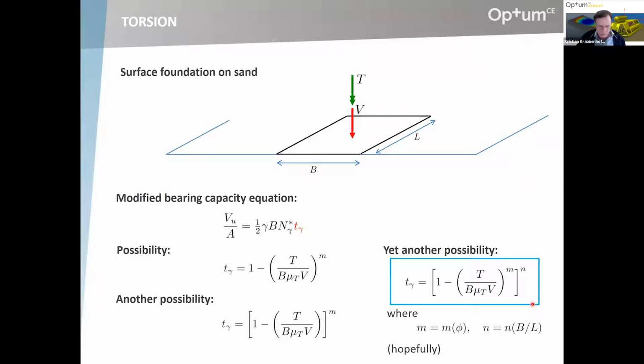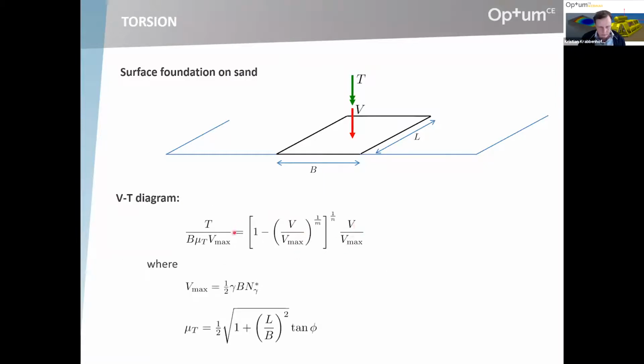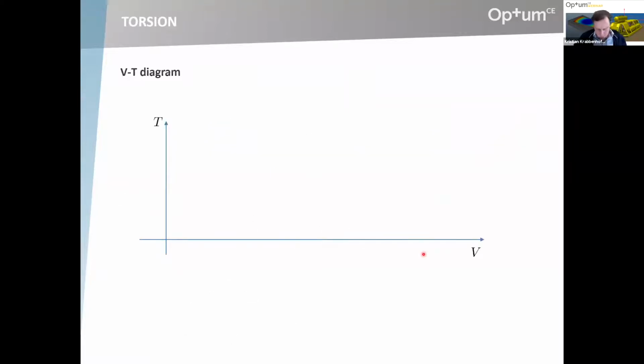So this would be a possibility, and then you can easily, if you use that up here, convert that into a VH diagram expression for a VH envelope like that, and then the actual numerical results would determine these two parameters. So that's what I tried to do, and I'll show you the results a little bit later.